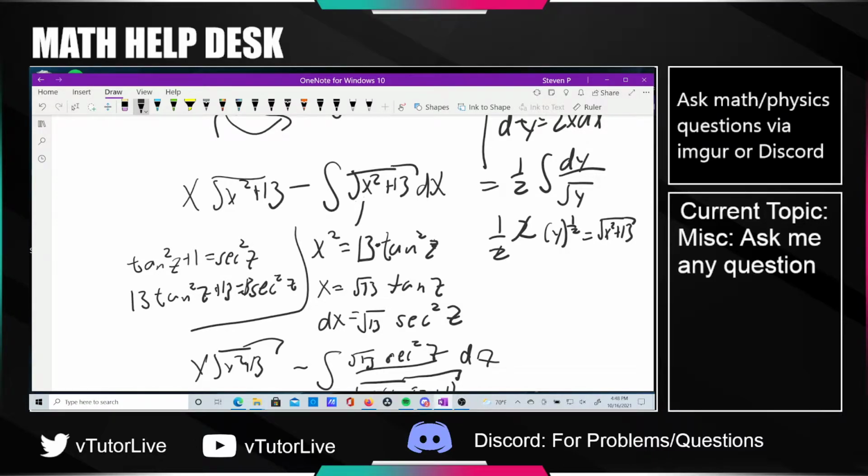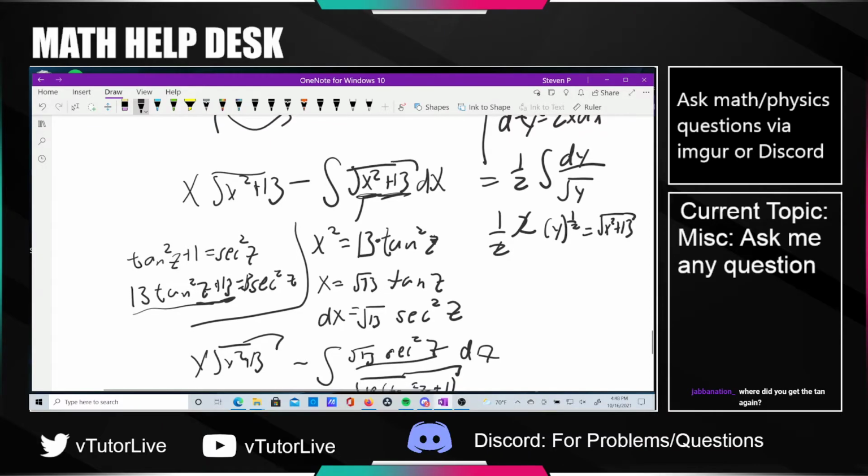So when we're looking at this thing over here, we're really trying to get this to line up with 13 tan squared z plus 13, which is basically why we chose x squared equal to 13 tan squared z. So then x is just equal to square root of 13 tan z. The tan was basically the inspired part.